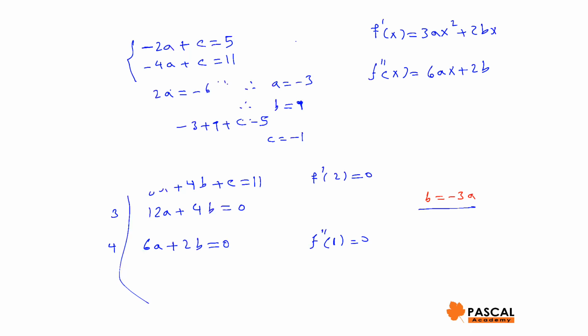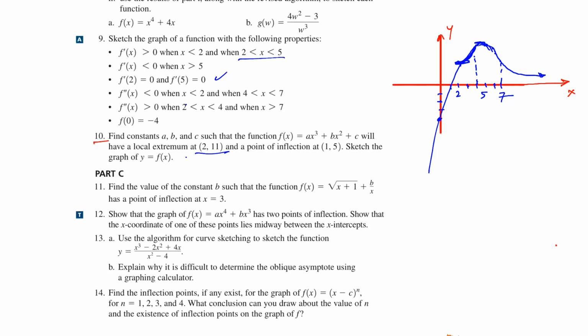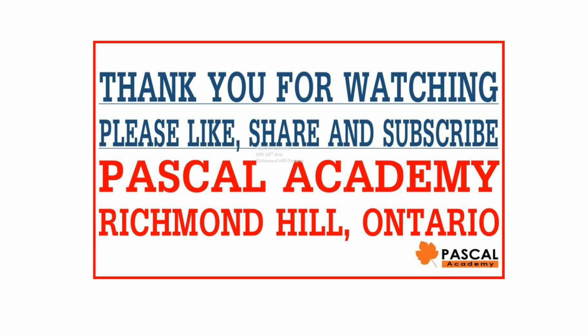This means a equals negative 3, b equals 9, and c equals negative 1. (2, 11) is a maximum or minimum for the function, and (1, 5) is the point of inflection of the graph of the function. Thanks for watching.